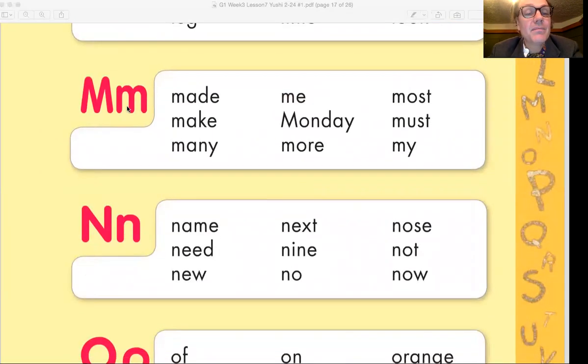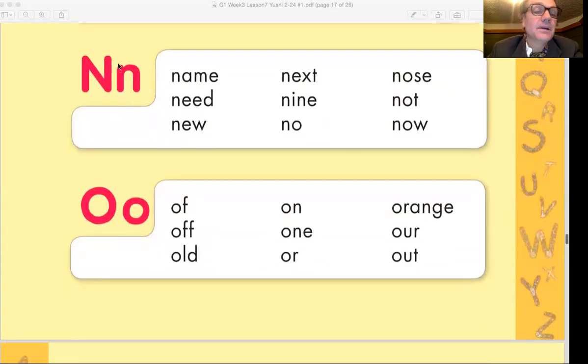Let's try the M's. There's a capital M and a small m. Made, make, many, try to say it before me. Me, Monday, there's a proper noun, right? More, most, must, my. Here's an N, capital N and a small n.